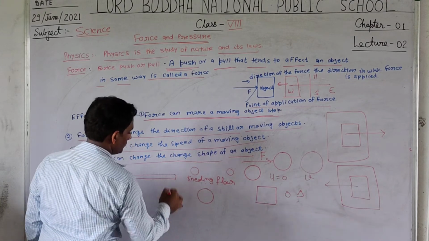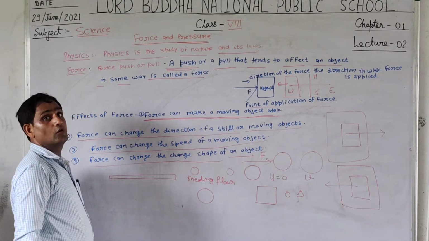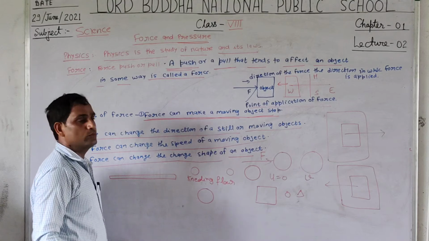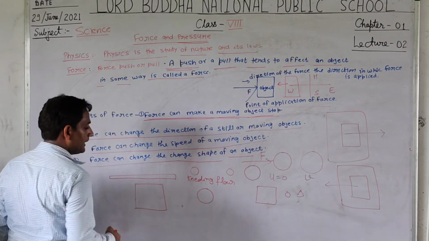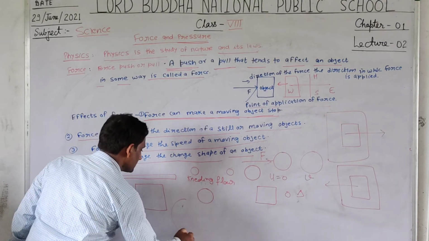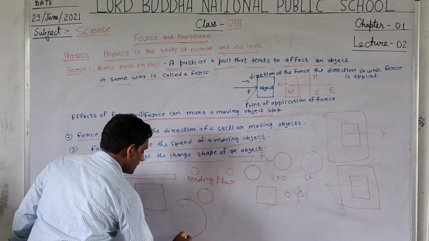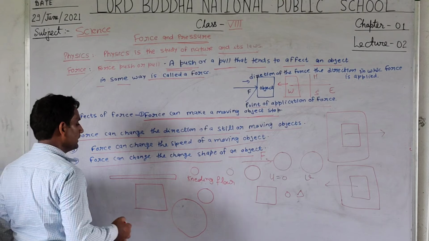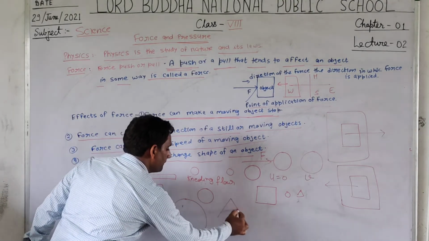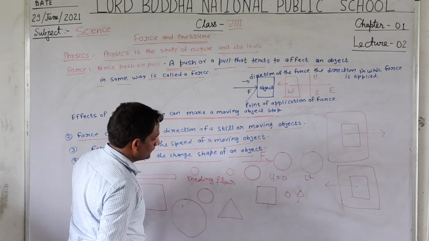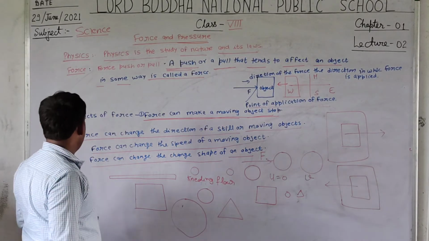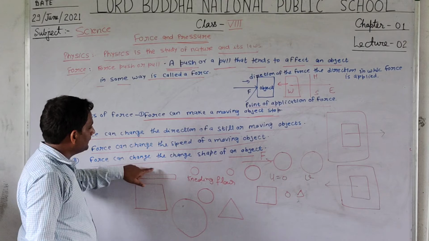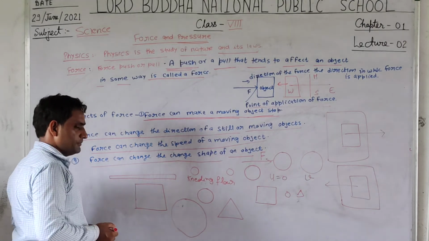Applying force, we can change it into a rectangular shape, or a circular shape, or a triangular shape. In this way, it verifies that the force can change the shape of an object.